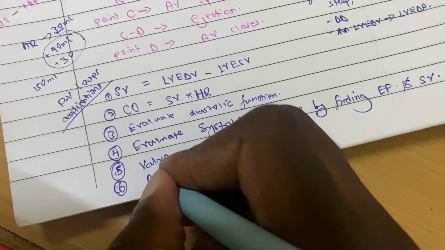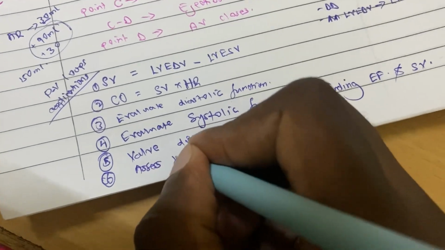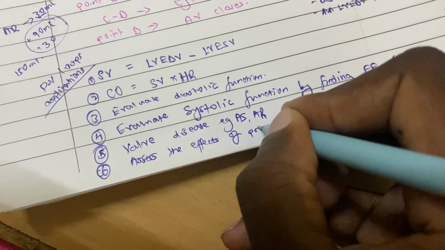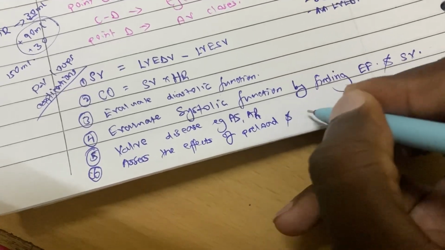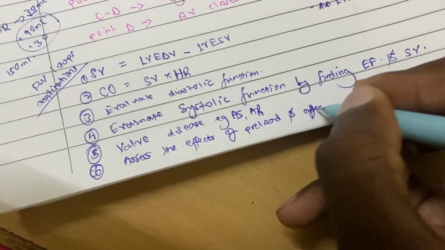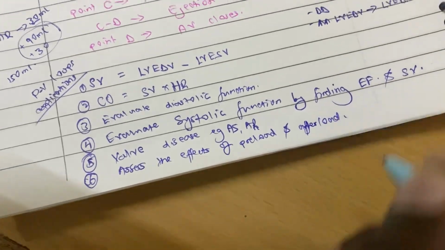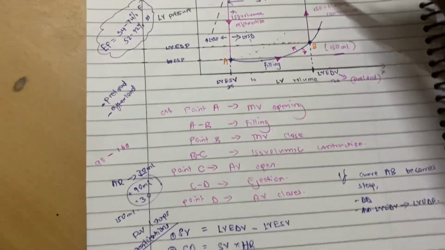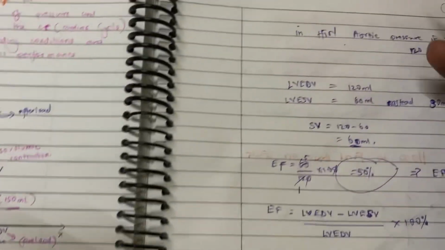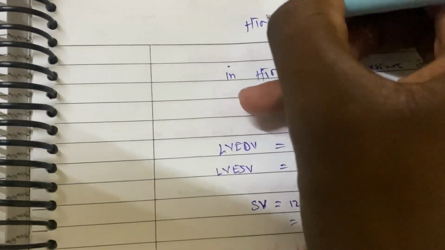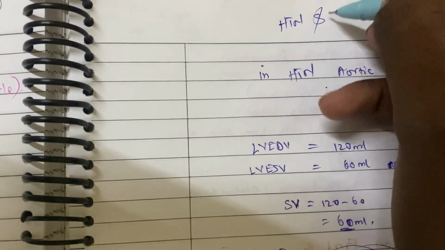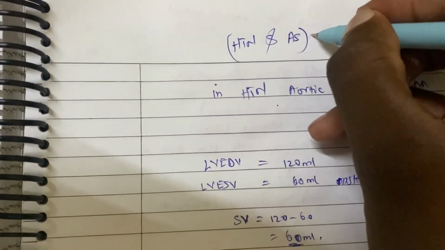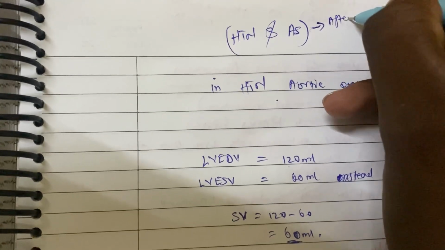Number 6: assess the effects of preload and afterload. We have assessed already afterload: hypertension, HTN, and aortic stenosis contribute to afterload.